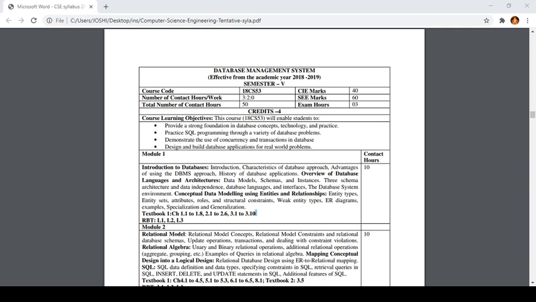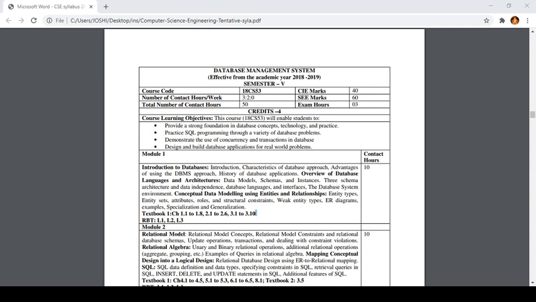But according to some expert definitions, you can also define the database management system as a collection of programs that enables users to create and maintain the database.